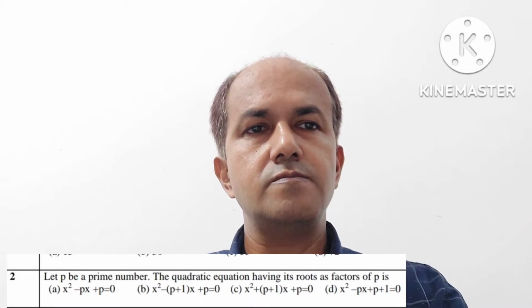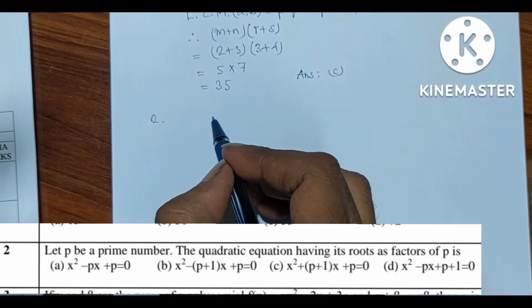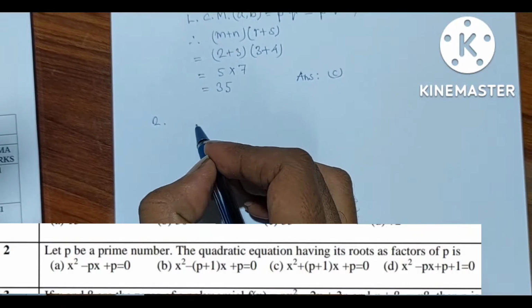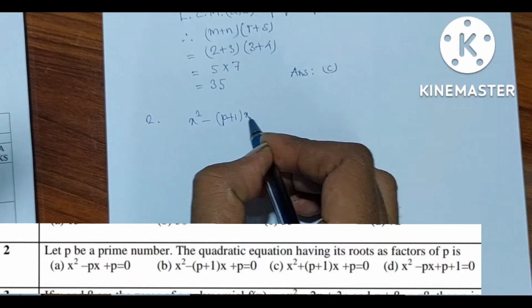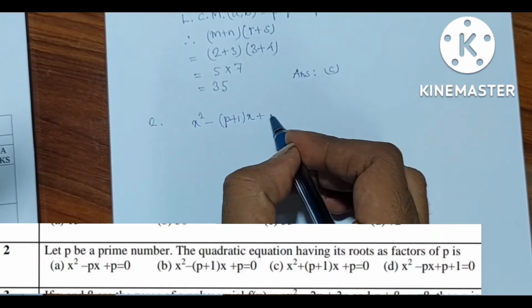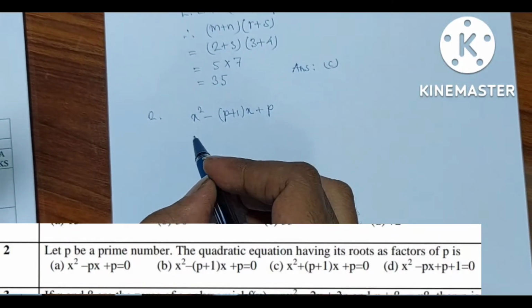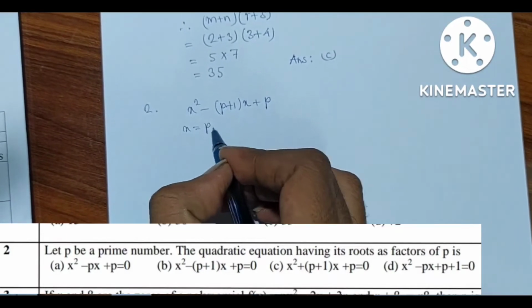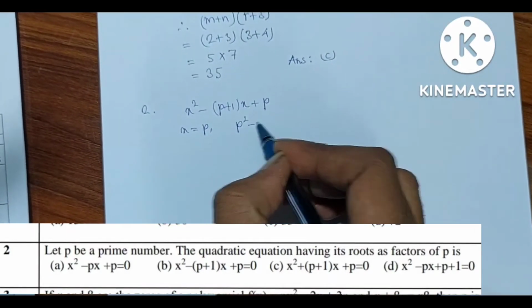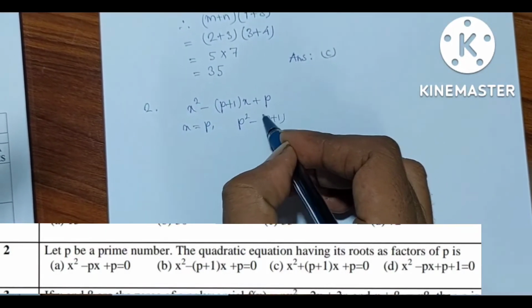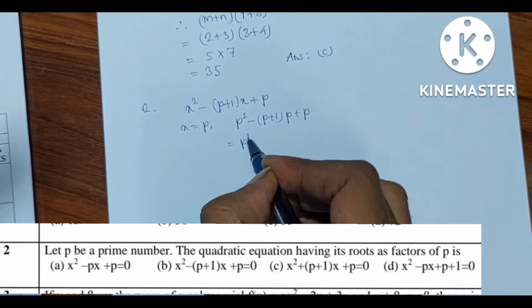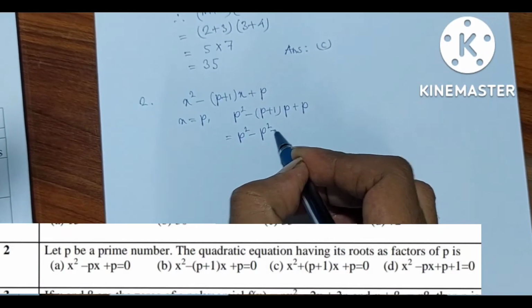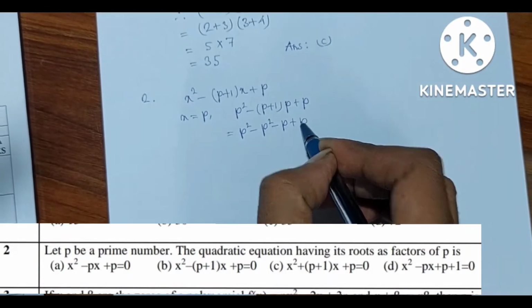Okay. Question number 2. See, x square minus (p plus 1) into x plus p. If x equals p, then p square minus (p plus 1) into p plus p equals p square minus p square minus p plus p.